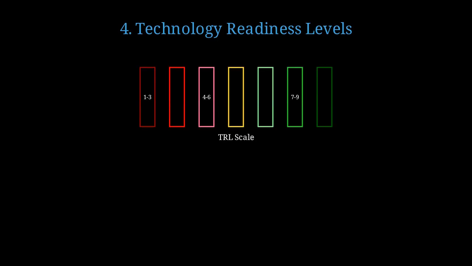Before commercializing, you need to understand where your technology stands in terms of readiness for market. Technology readiness levels, or TRL, range from 1 to 9. Early stages are basic research, middle stages are prototyping, and high levels mean market-ready products. TRL levels 1 through 3 represent basic research, typically conducted at universities and research institutions.